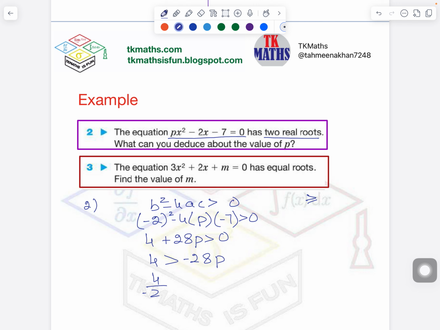When I divide by minus 28, what will happen? The sign of the inequality will change. You know that thing, right? Sorry, let me write 28. So this implies minus 1 over 7 is less than p, or you can write p is greater than minus 1 over 7. Correct.